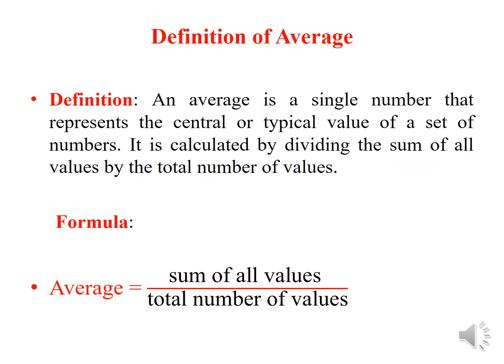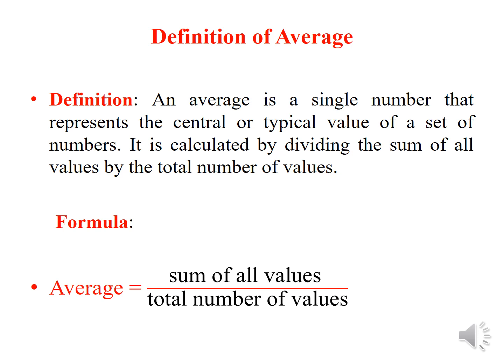Let us see the definition of average. Here the definition is, an average is a single number that represents the central or typical value of a set of numbers. It is calculated by dividing the sum of all values by the total number of values.